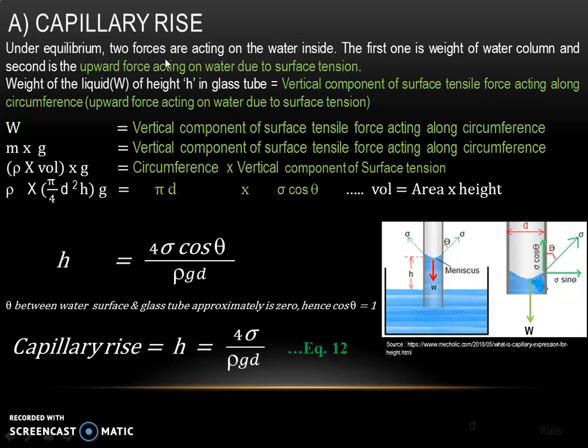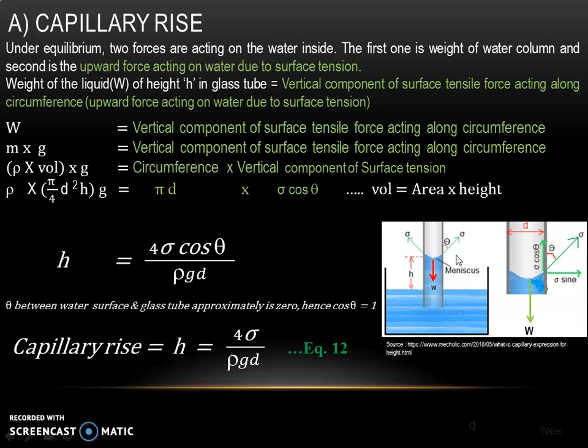Under equilibrium, two forces are acting on the water inside. The first one is the weight of the water column, which is at a height of h, and the other force is the upward force acting on water due to surface tension sigma.